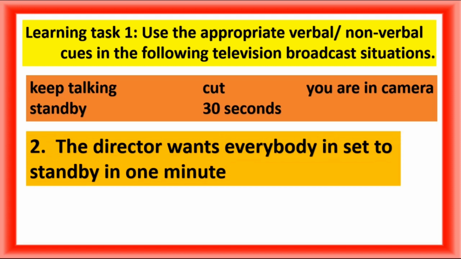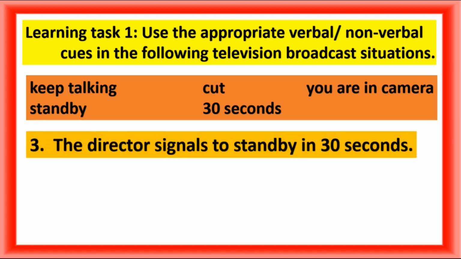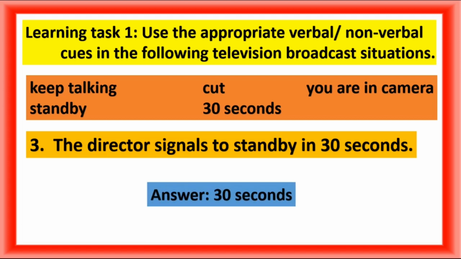Number 2. The director wants everybody in set to stand by in 1 minute. The answer would be standby. Number 3. The director signals to stand by in 30 seconds. The answer would be 30 seconds.